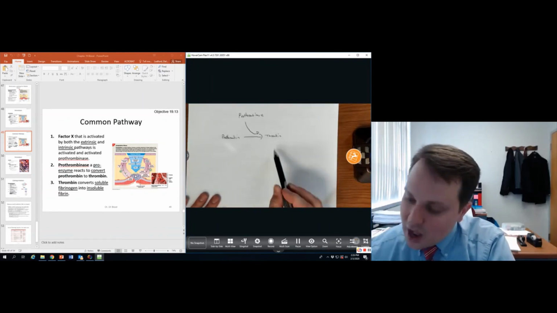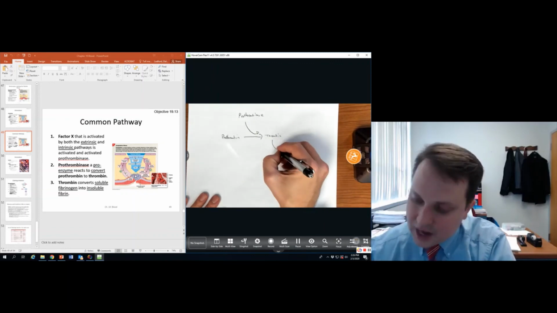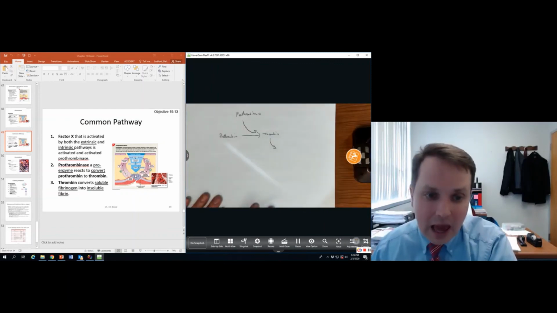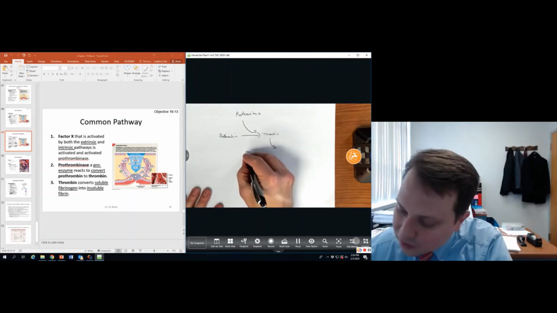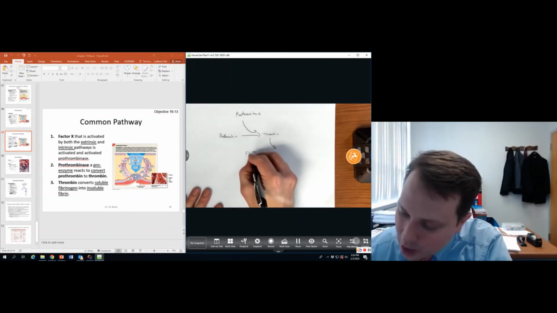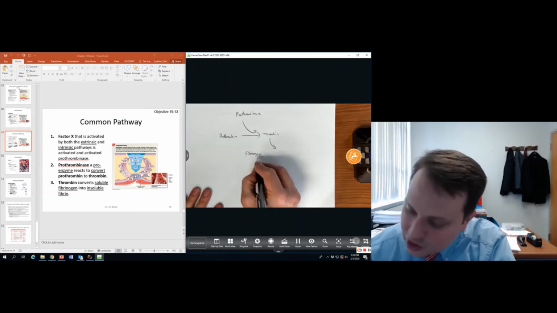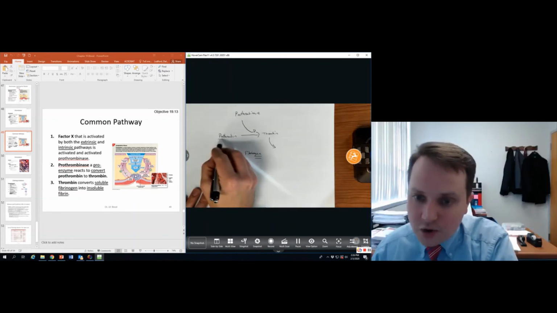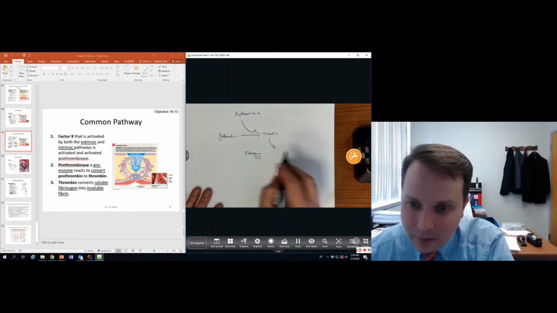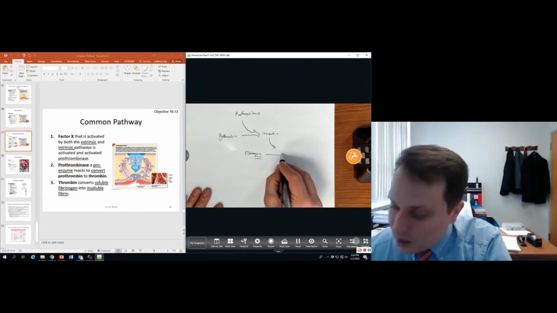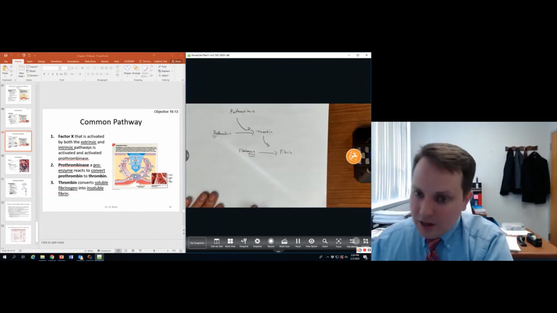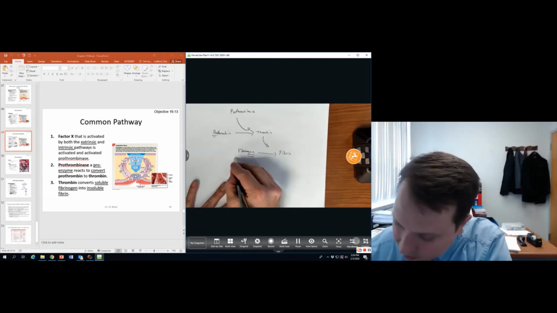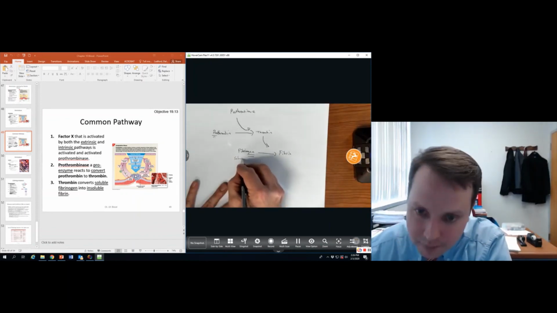Now, thrombin is an enzyme that comes in and catalyzes another reaction. It turns fibrinogen, which is inactive, to fibrin. Now, fibrinogen is soluble in plasma.